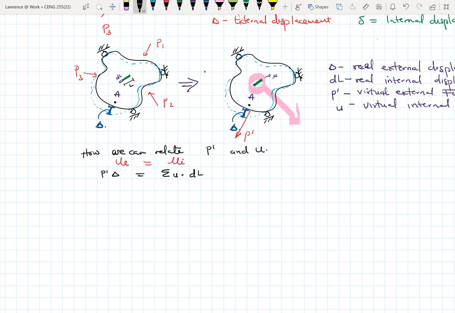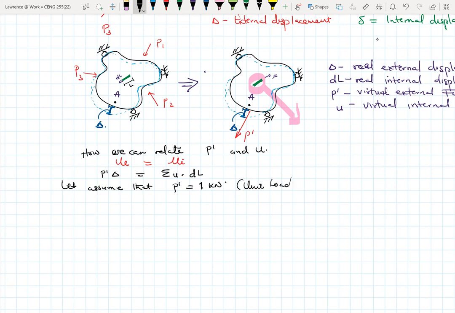But we need to figure out what P prime is. We don't know what P prime is. Our goal is to find delta, the real external displacement. To do that, let's assume that P prime is equal to 1, let's say 1 kilonewton, or a unit load.